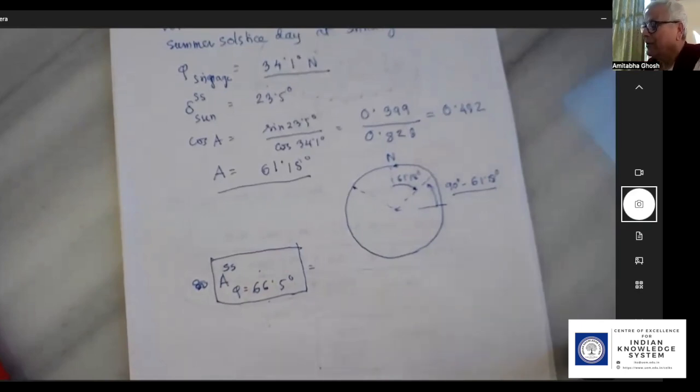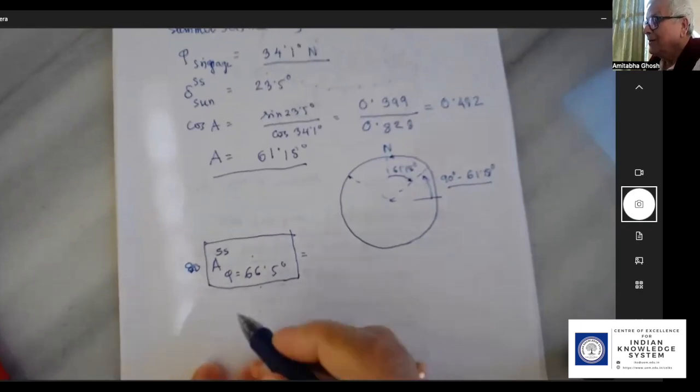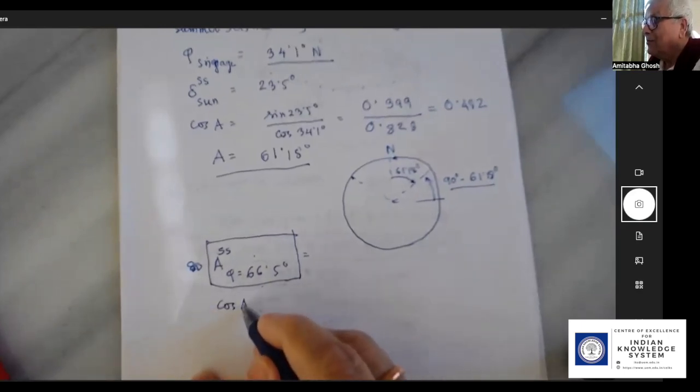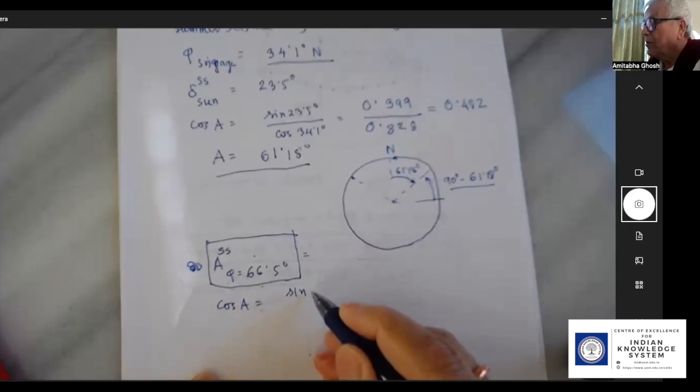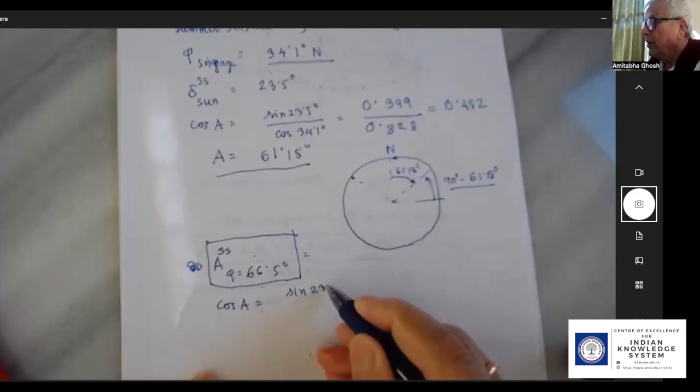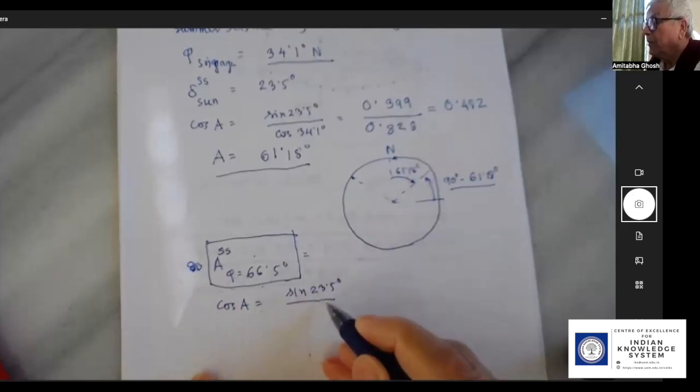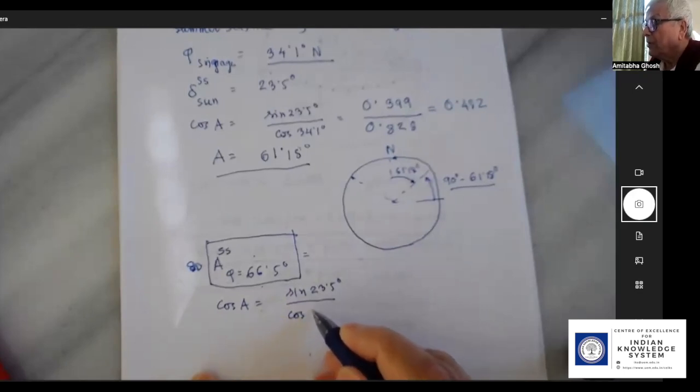So let us see where sun will rise. So cosine A will be sine of 23.5 degree by sine of 66.5 degrees.